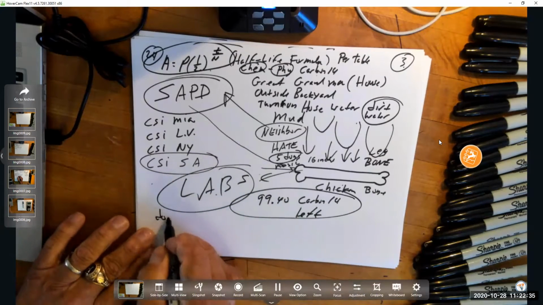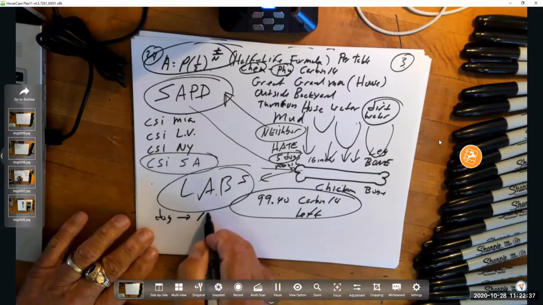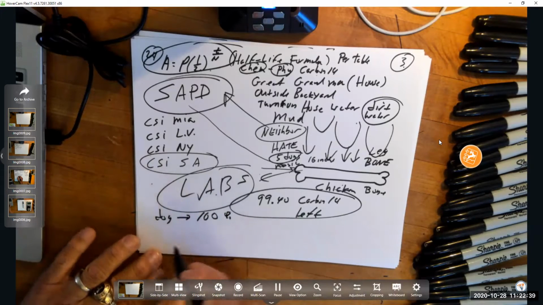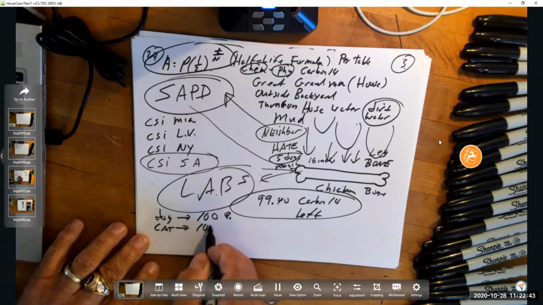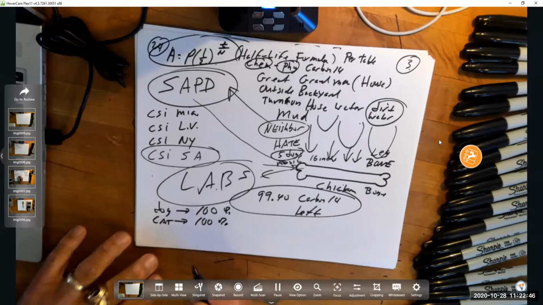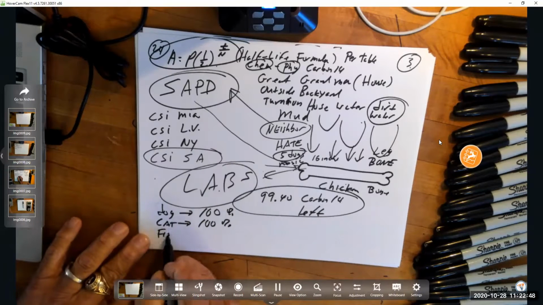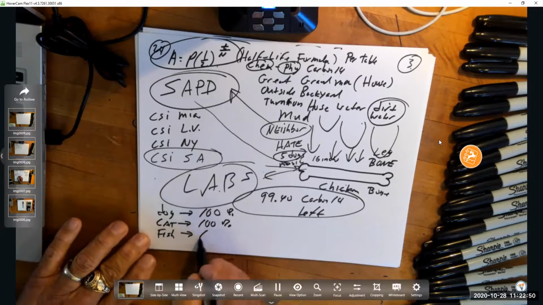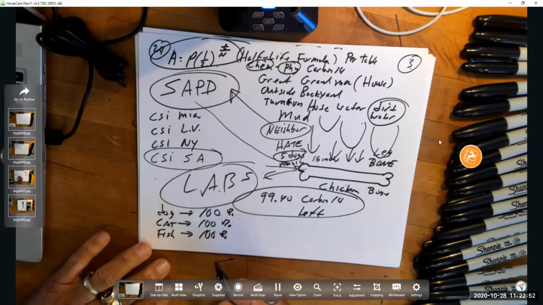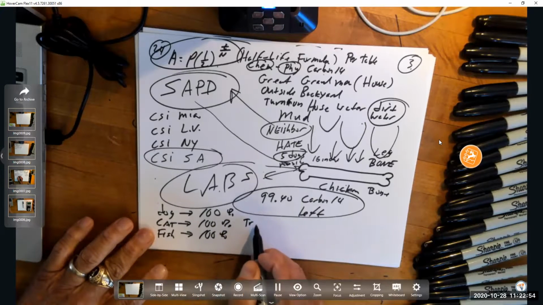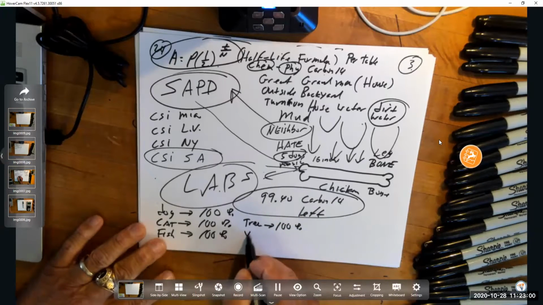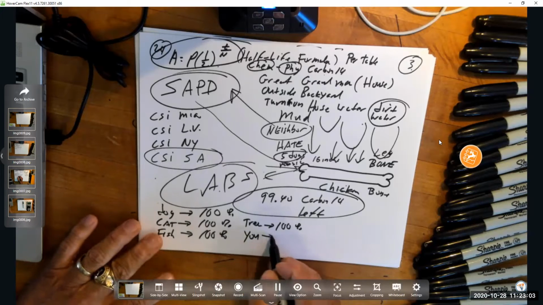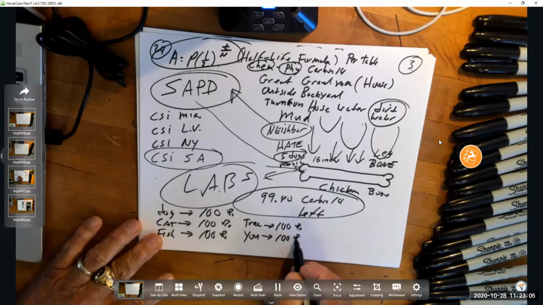If you have a dog at your house, right now 100% of the carbon 14 is in it. If you have a cat in your house, then 100% of the carbon 14 is in the cat. If you have a fish in a fish bowl right now, 100% of the carbon 14 is in the fish. If you have a tree at your house, it's alive, then 100% of that carbon 14 is in there. If they take a sample of you, you have 100% carbon 14.